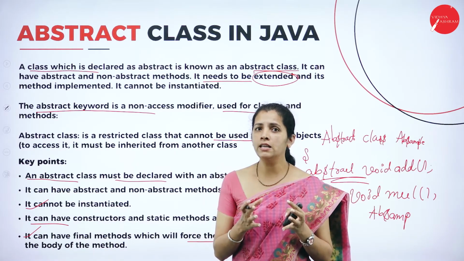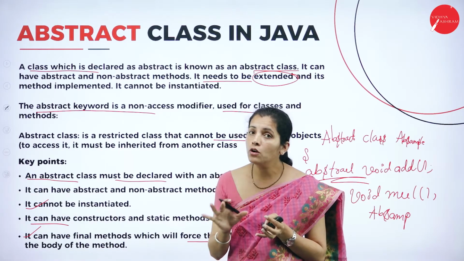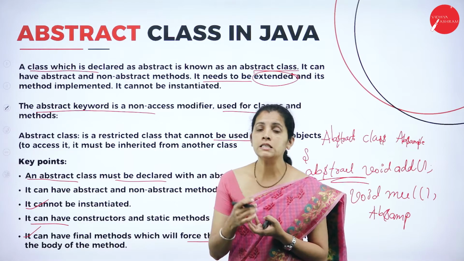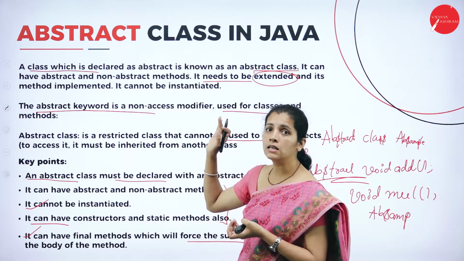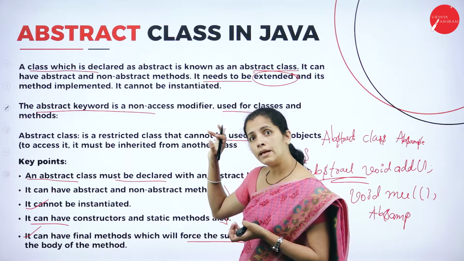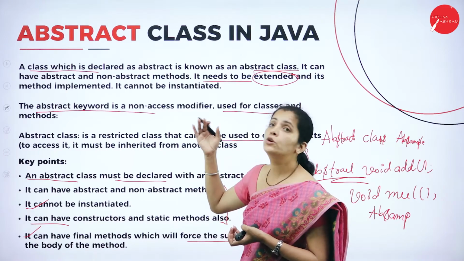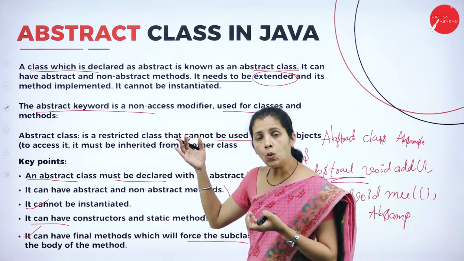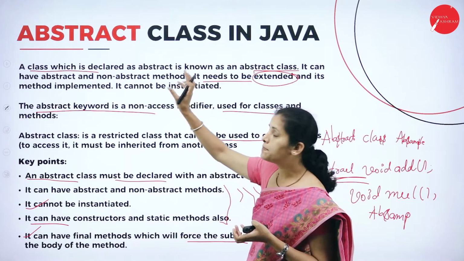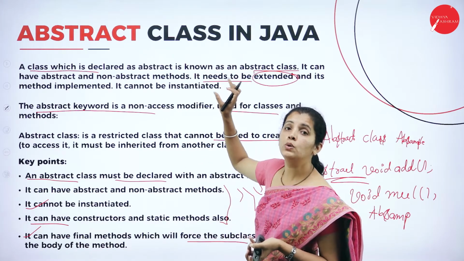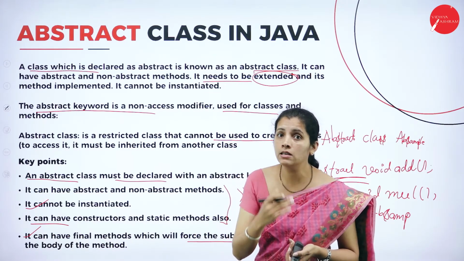So what is final? That means when we use the final keyword, we cannot modify the class as well as methods. But in my abstract class, I'm having abstract methods as well as non-abstract methods, and I'm going to implement the code in my subclass, because by using an abstract class I can inherit the abstract class with some other class.